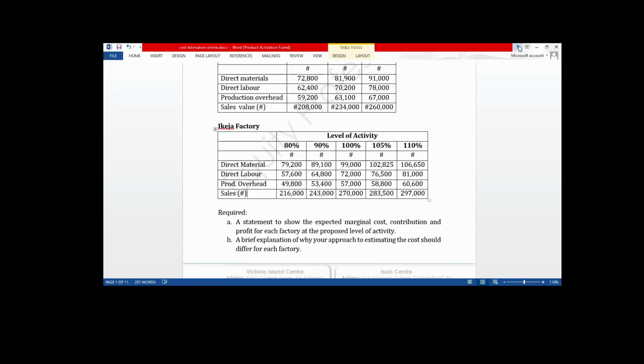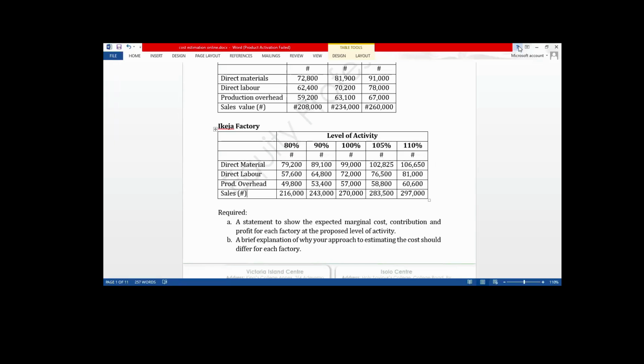That means if you want to calculate marginal cost from the viewpoint of the accountants, you are going to take all the variable costs and sum them up. That will represent your marginal cost.